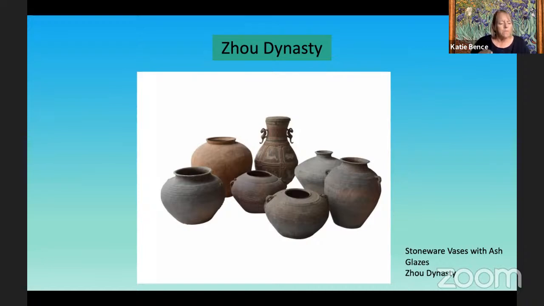At the same time, another significant belief system started to emerge during this period, which was Taoism. Many ceramics during the Zhou dynasty imitated bronze vessel shapes, and by the late Zhou dynasty ceramics actually became popular substitutes for bronzes in burial practices. Stoneware with ash glaze had developed in the Shang, but it continued in the Zhou dynasty.